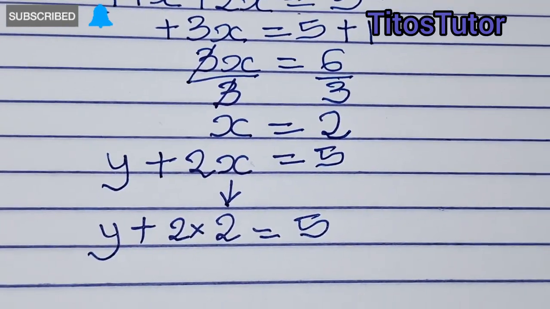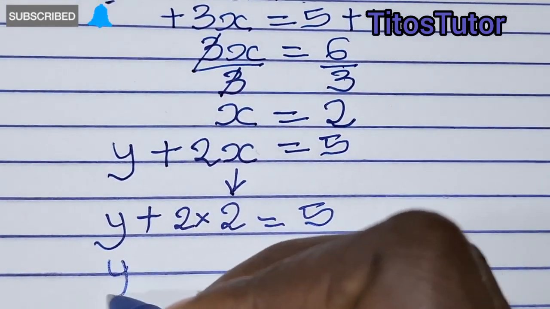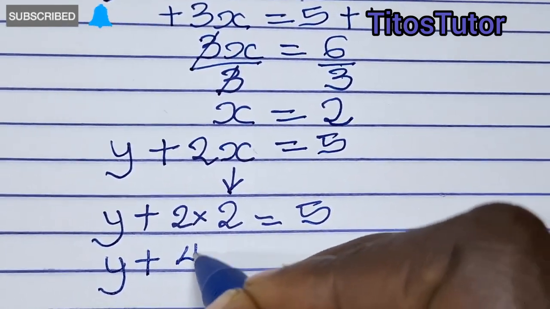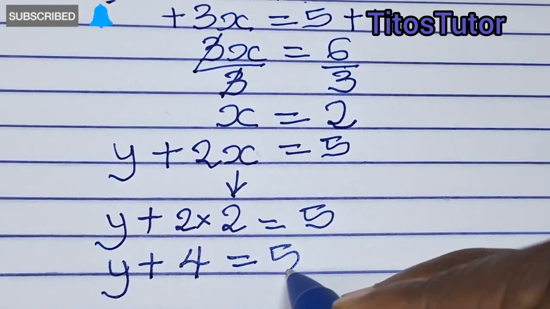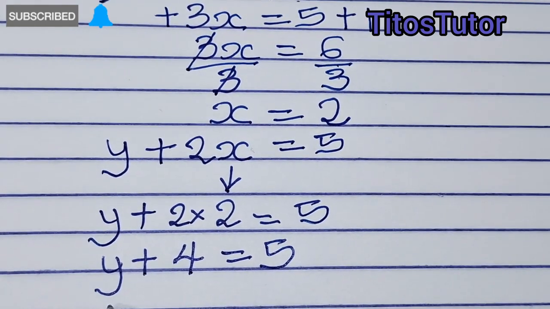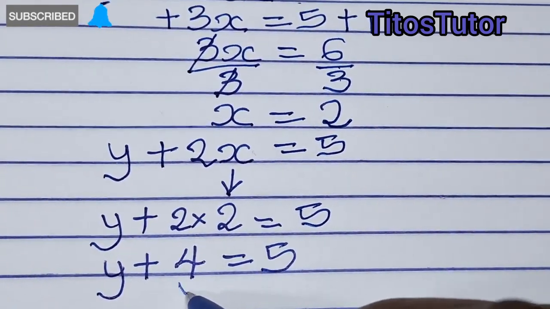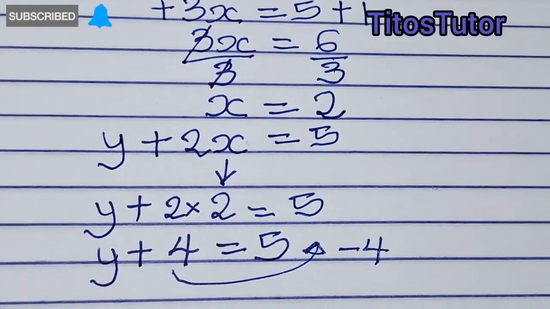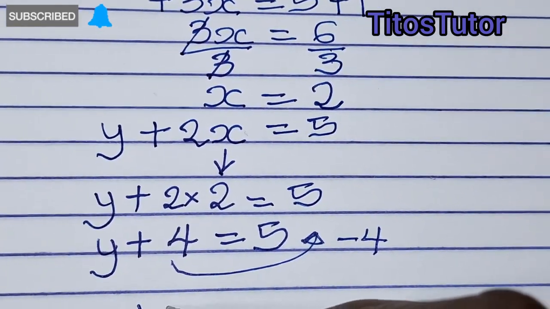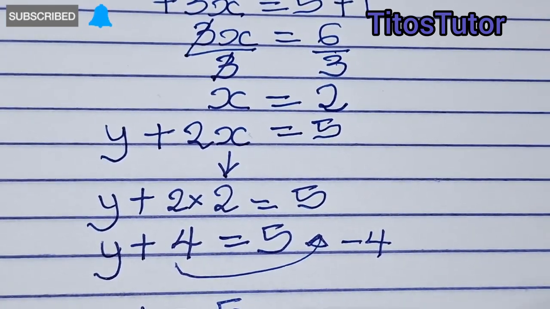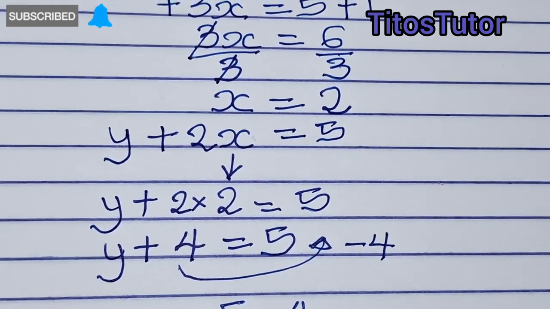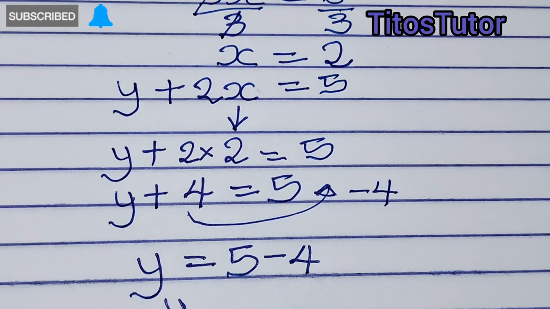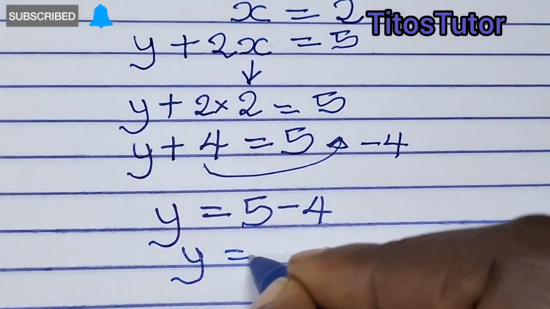All right, so I have y plus 2 times 2 is 4 is equal to 5. I can now solve for y. So I'm moving 4 to the other side. It becomes a -4. Okay, so y is equal to 5 minus 4, which is 1. So my y is equal to 1.